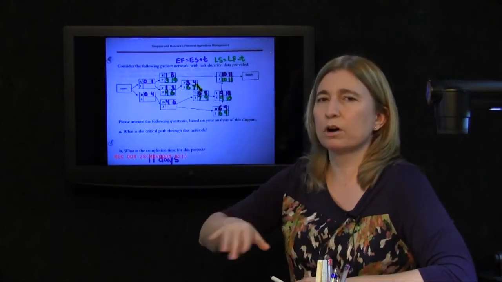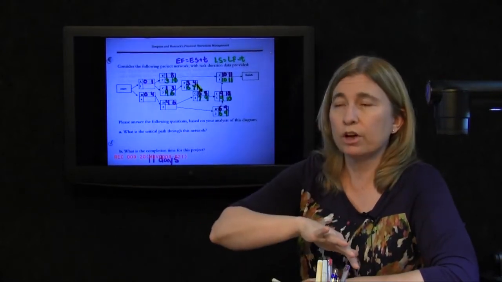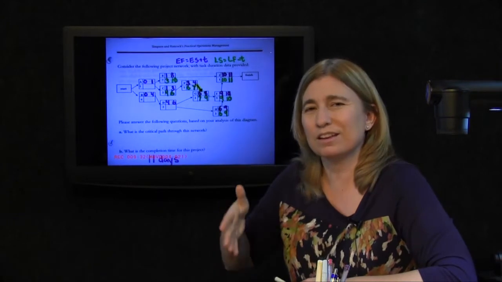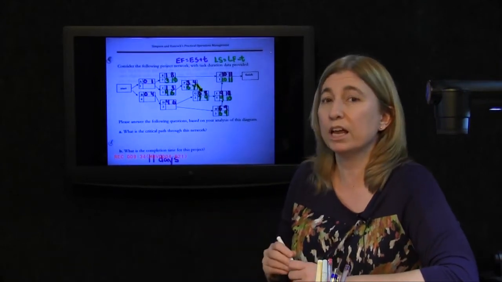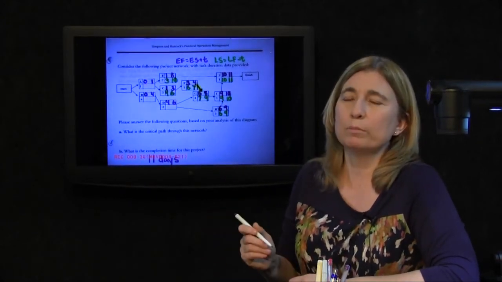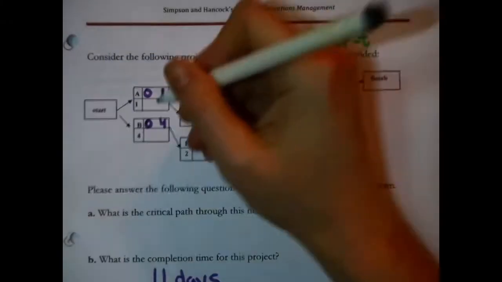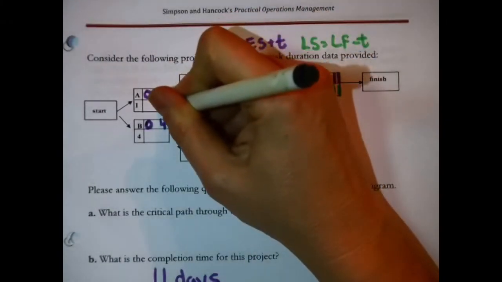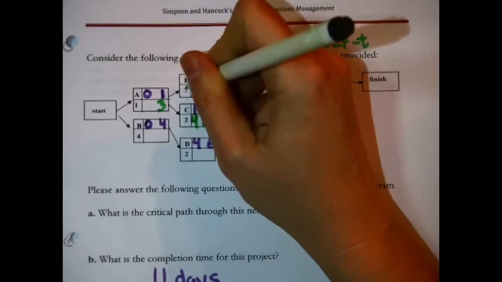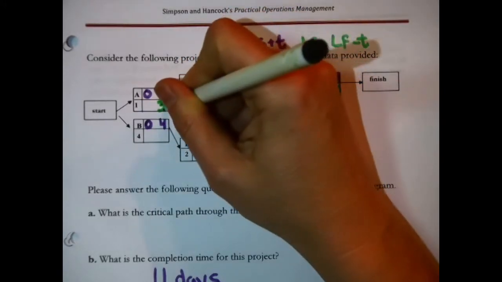Neither one of them can start until A finishes. Therefore, what's the latest that A could finish without creating any trouble? Now we pick the smallest. It would have to be finished in 3 days, because if it wasn't, that will mess with E. That's the late finish time for A.